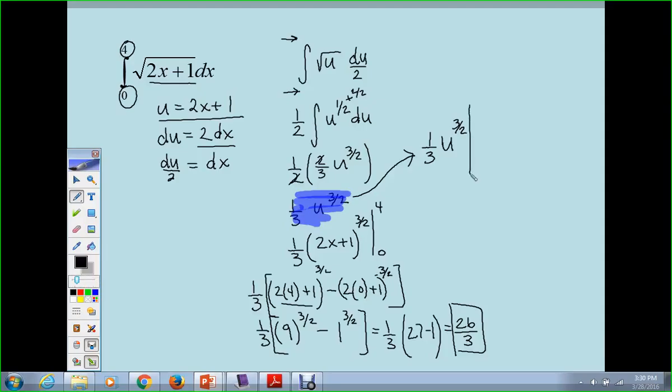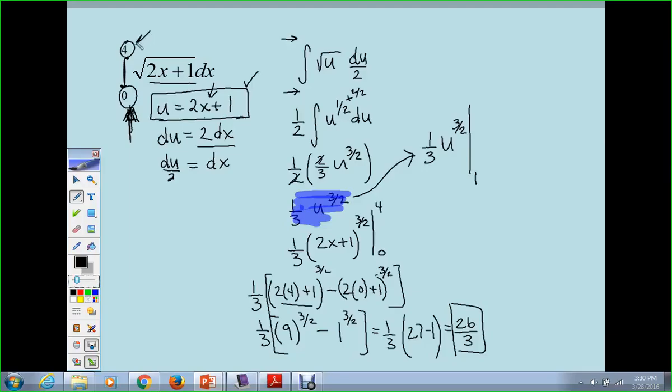What we could do is go back to our upper and lower limits of integration. Here, in terms of x, we're evaluating this integral from 0 to 4. Well, if x is 0, we can use this to find out what u would equal. We would just plug 0 in for x. So we'd have 2 times 0 plus 1. So if x is 0, u would be 1 using this relationship.